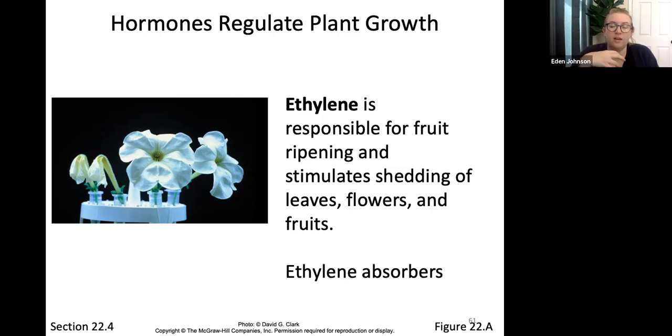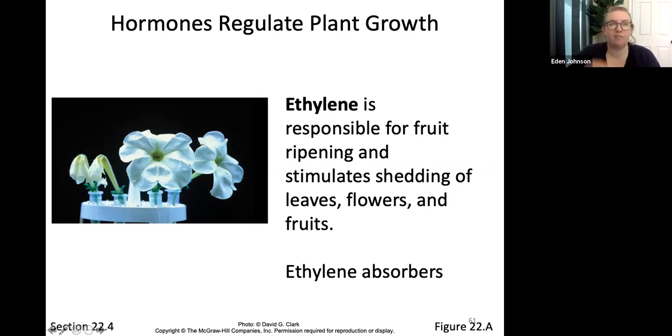So you want to get fruits to the exact right ripeness where it's good to eat, because if you eat it, then you're going to poop out the seeds. You or other organisms are going to poop out the seeds and facilitate the dispersal of the seeds for that plant that you ate. Now, ethylene is not only for fruit ripening, it stimulates that shedding of leaves, flowers, and fruits.